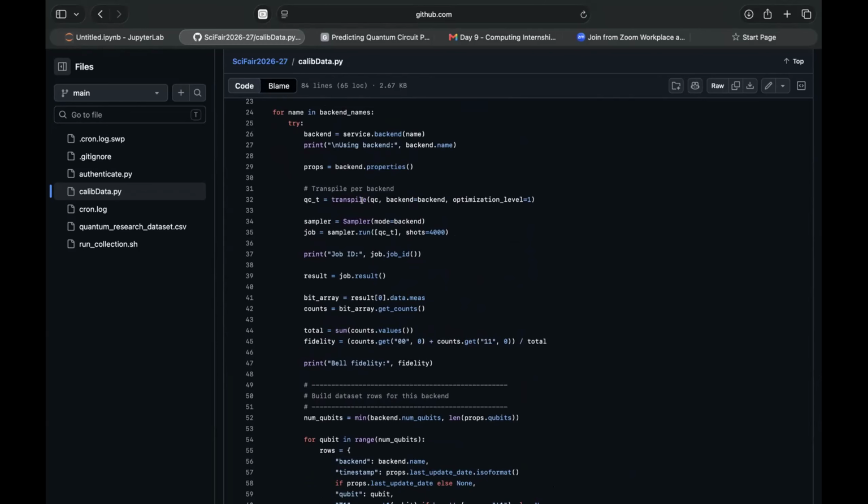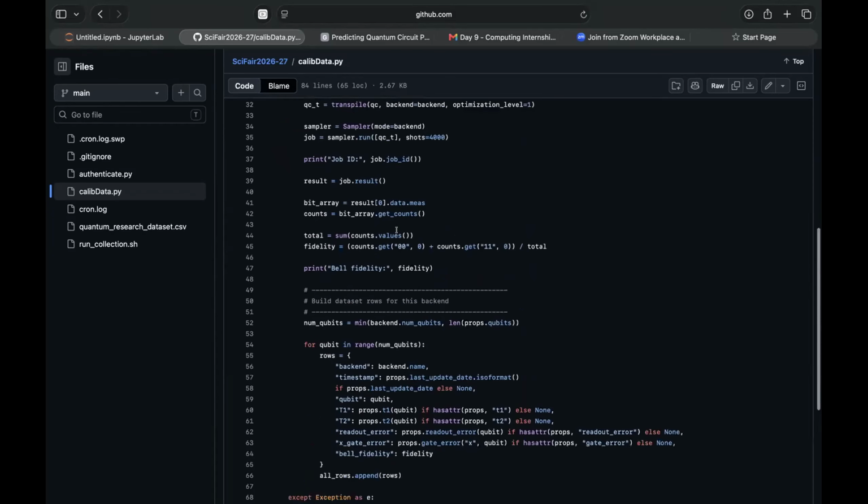The transpilation converts the circuit into the native gates. Next, I ran it 4,000 times. Each run is a shot, and more shots give better statistics.